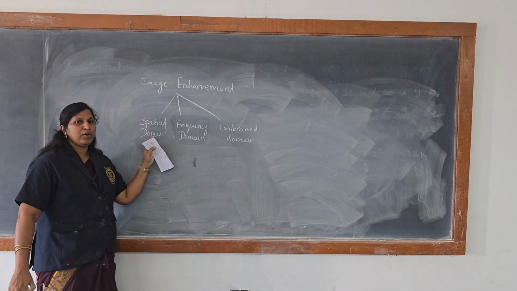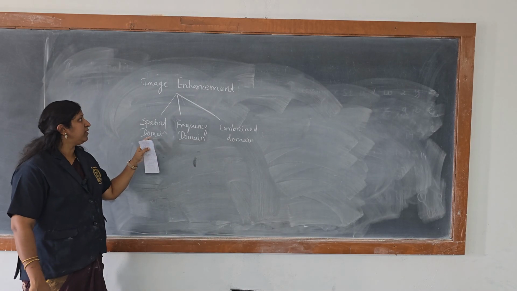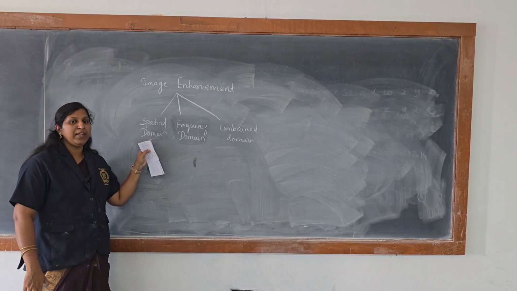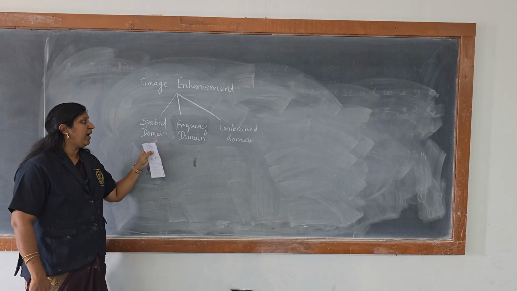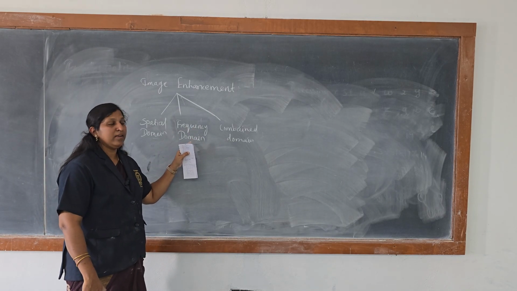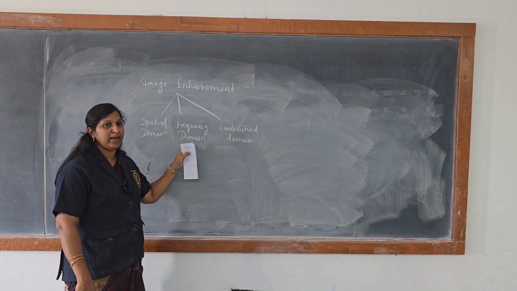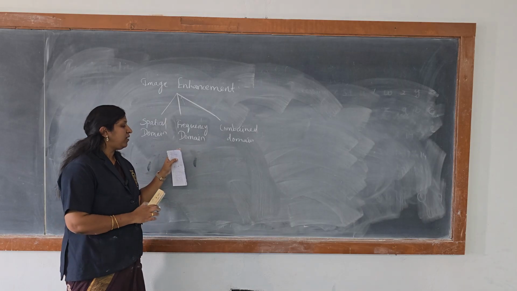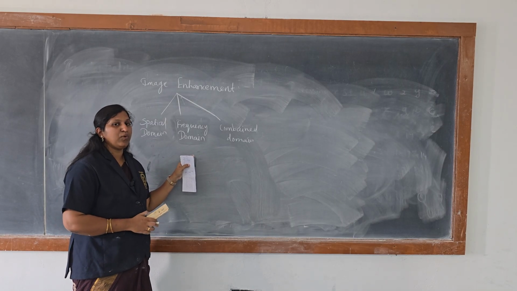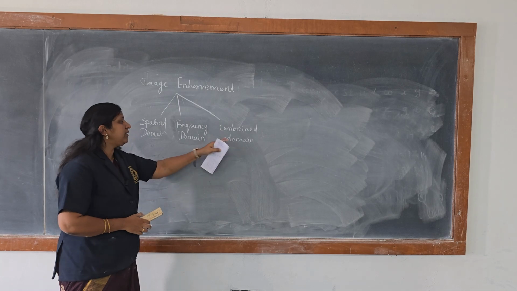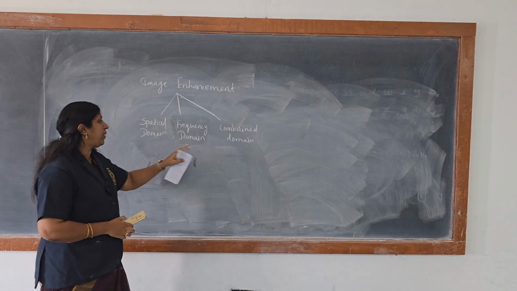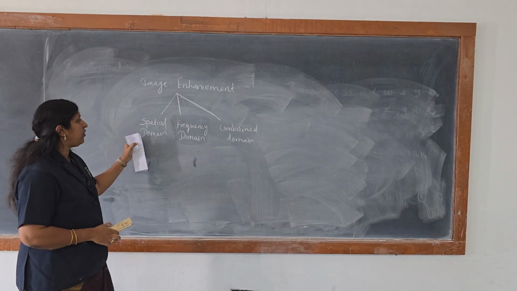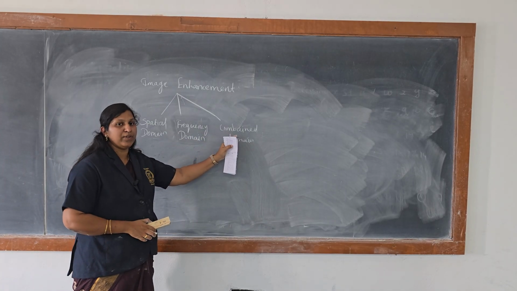So in the first domain, we are dealing with each and every individual pixel transformation, and in the frequency domain, what we are doing to enhance the image is some Fourier transformation over the overall image. And the third method, that is combination domain, uses both spatial and frequency domain.